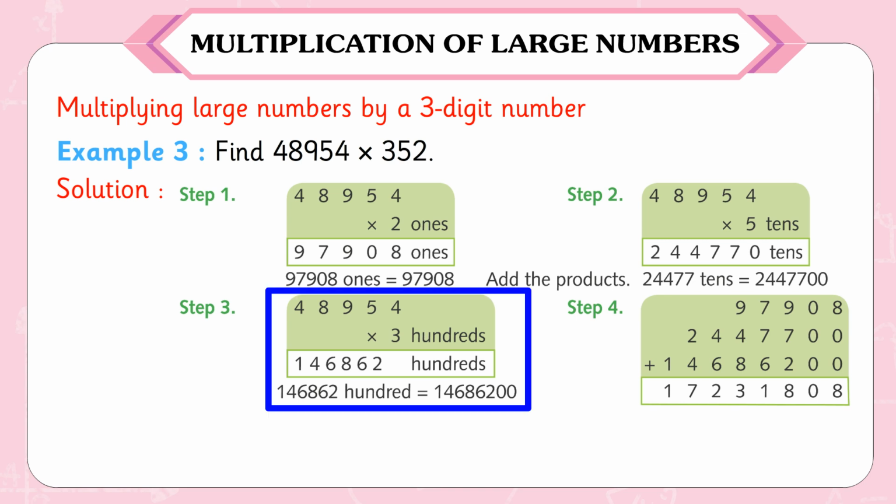Step 3. 48,954 into 3 hundreds. 1,46,862 hundreds. 1,46,862 hundreds is equal to 1,46,86,200.